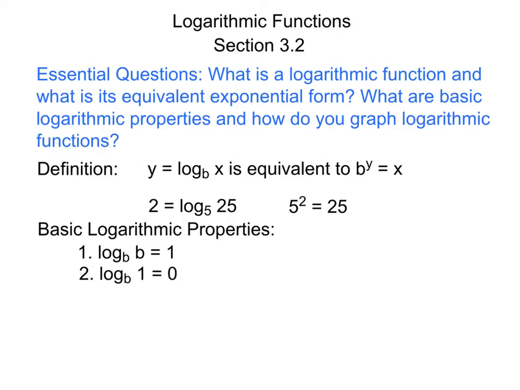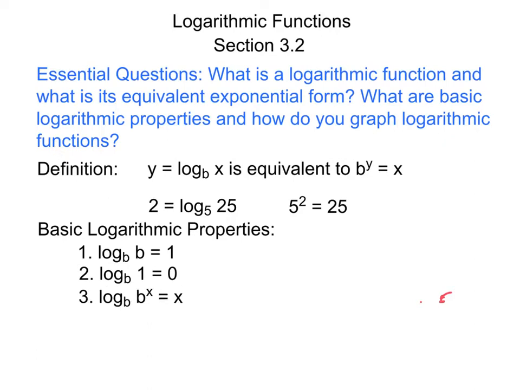Now the second property states that the log to the base b of 1 is equal to 0. Again, all we are really saying is that b to the 0 power is equal to 1, looking back up at the exponential form.